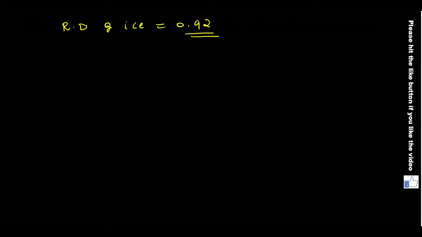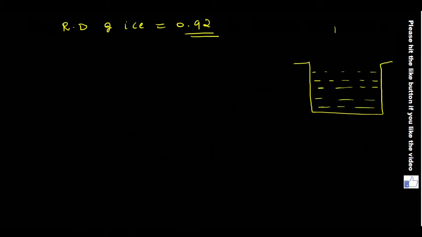Now in a vessel we have water. On this we are going to put ice. This is water, and this is the ice cube.